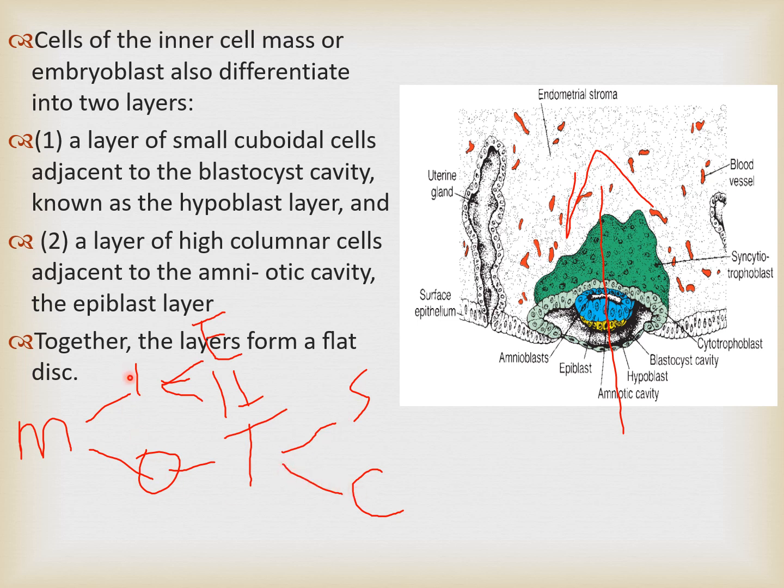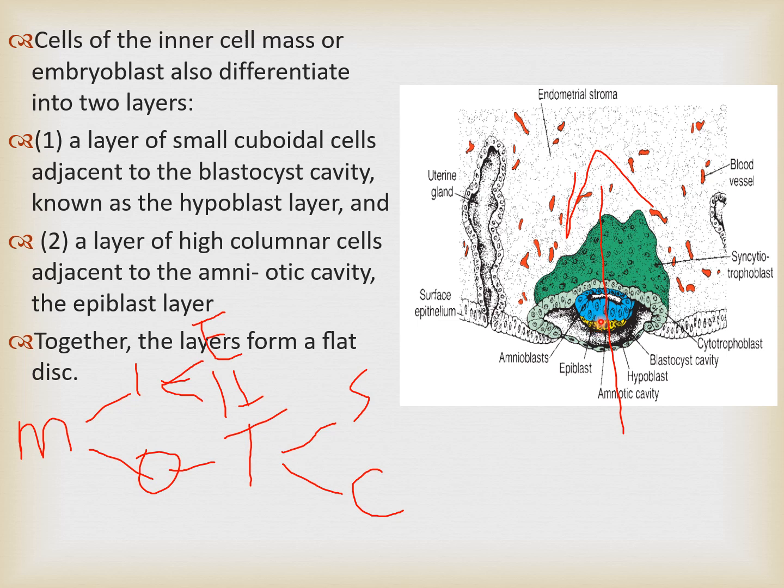And the inner cell mass divides into epiblast and hypoblast. Here in this diagram you can see that these light green cells are the cytotrophoblast, these dark green cells are the syncytial trophoblast, and this whole structure, which is embryoblast, the inner cell mass, is divided into epiblast and hypoblast.